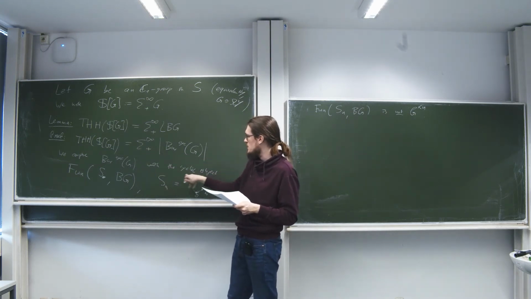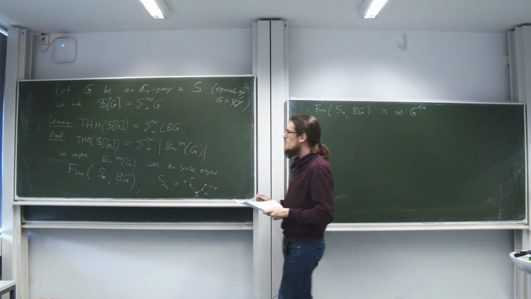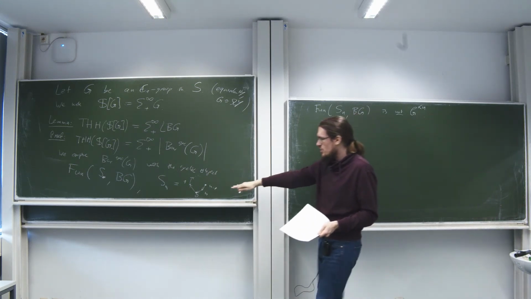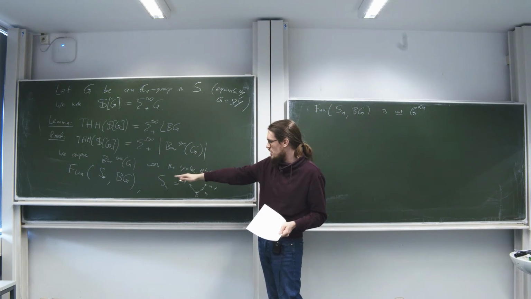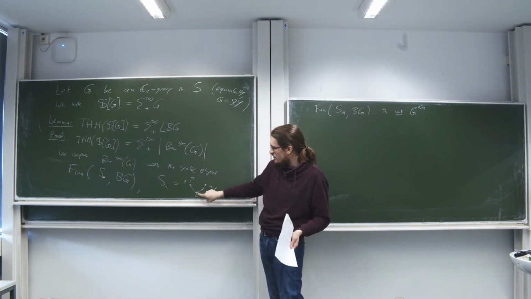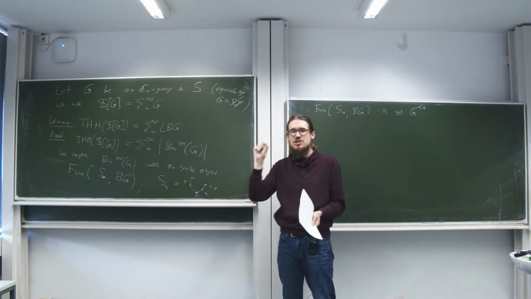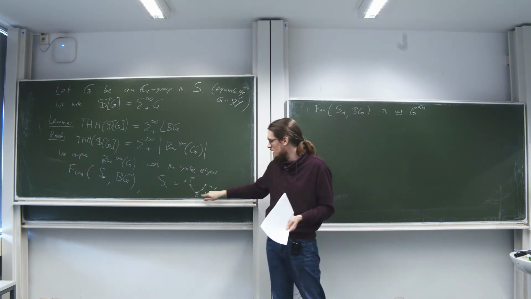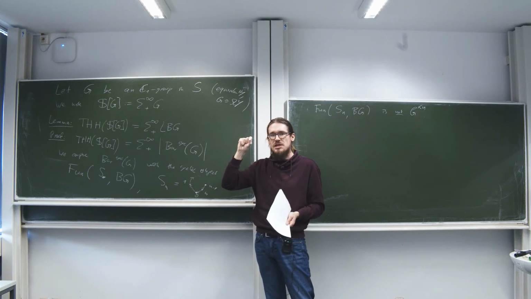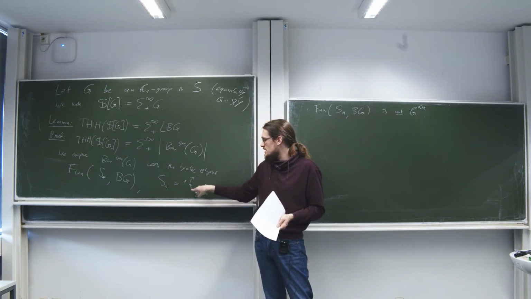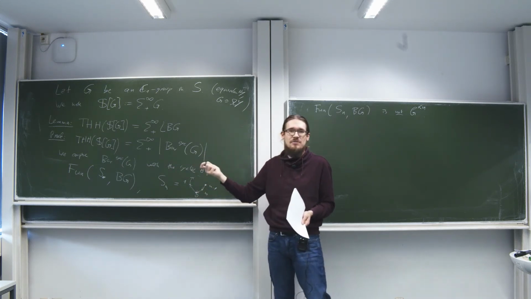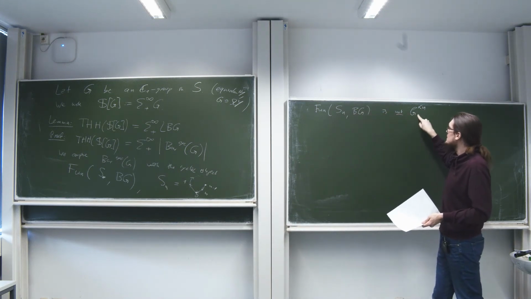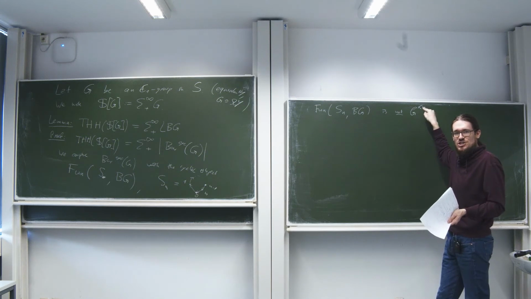Remember, the indexing is funny, it starts with 1. So why is it not this? Well, to give a functor from this thing to BG, think of BG as a category with one object, with endomorphisms given by G. Then you're sending every object to the one object, and you're sending every morphism to some element of G. So the data of a functor is a point in G cross n.